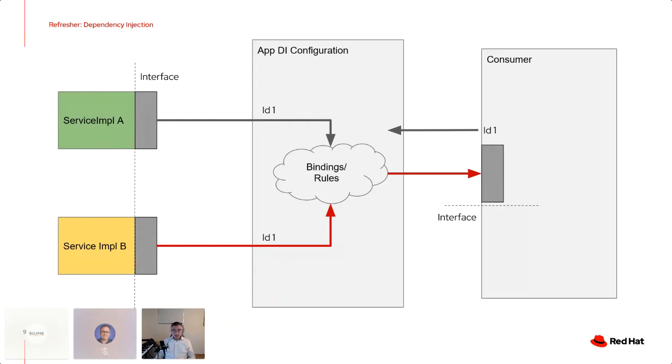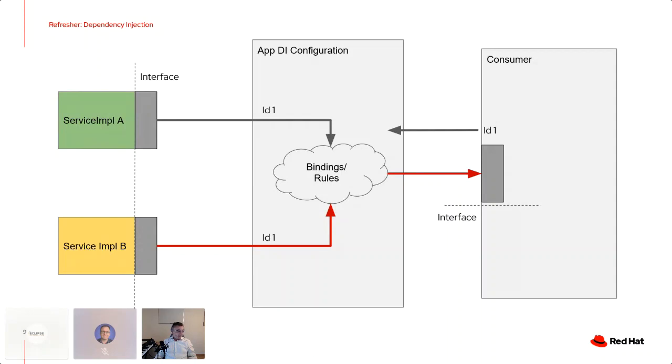And to help the DI container decide which object to use, it describes the object it needs with some metadata. That metadata can be an identifier, it can be an interface or a class that is needed. And injection targets like instance variables or constructor parameters are annotated with the metadata, right?